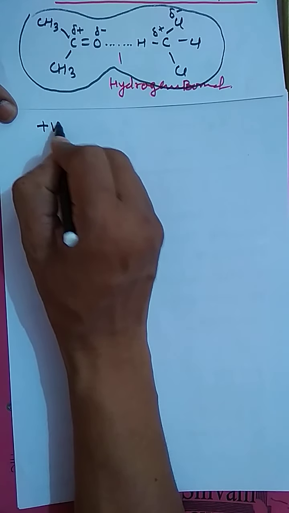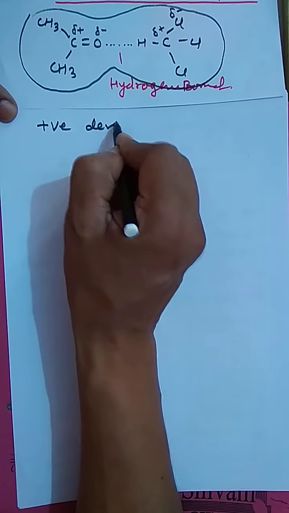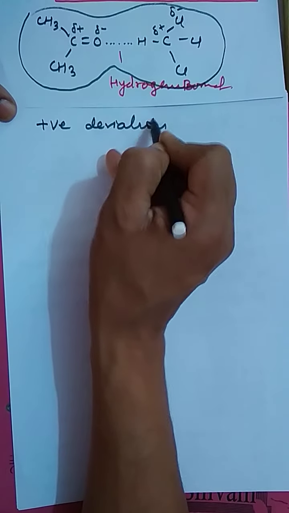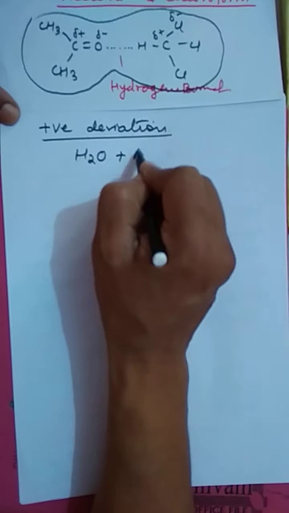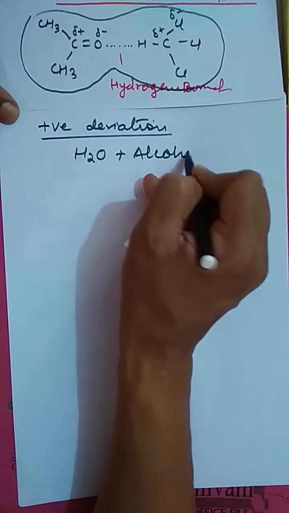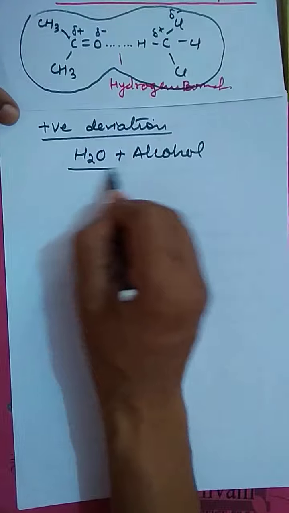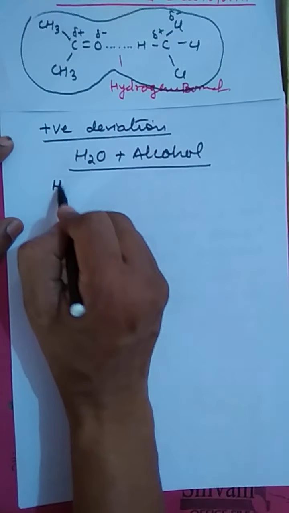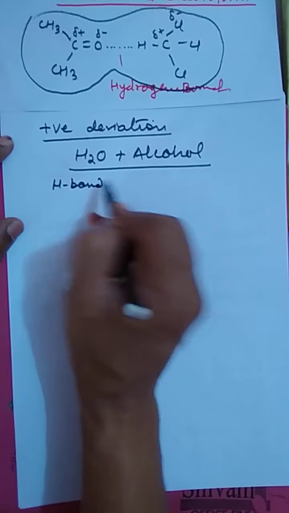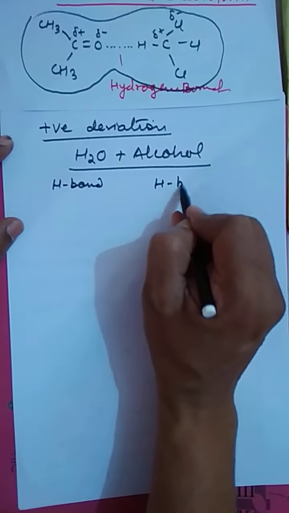And second, positive deviation, you know, the mixture of water and alcohol. Water and alcohol shows positive deviation. Friends, you know, in water there is hydrogen bonding and in alcohol there is hydrogen bonding.